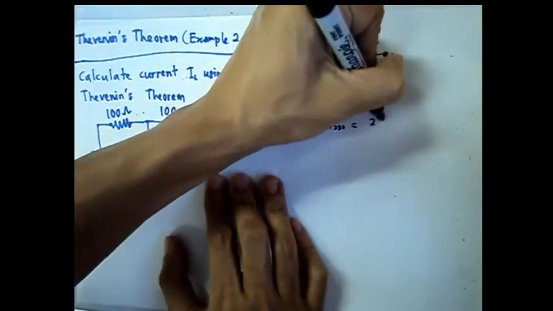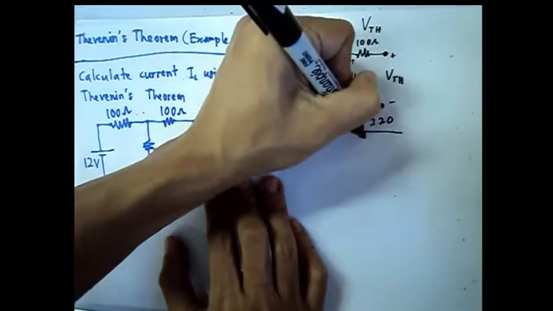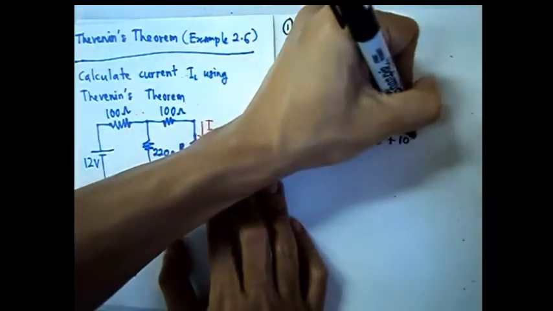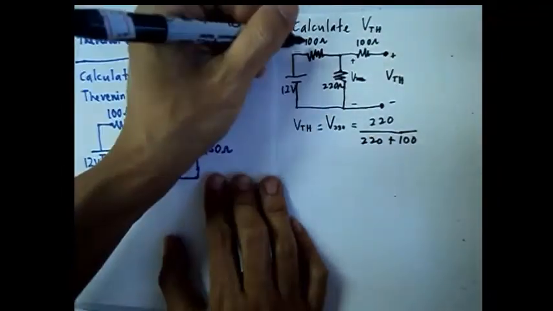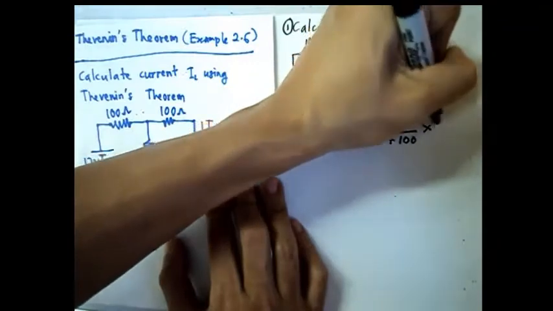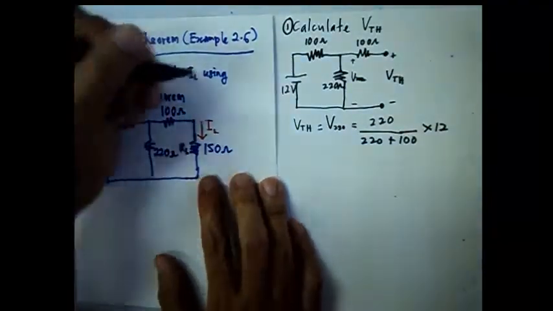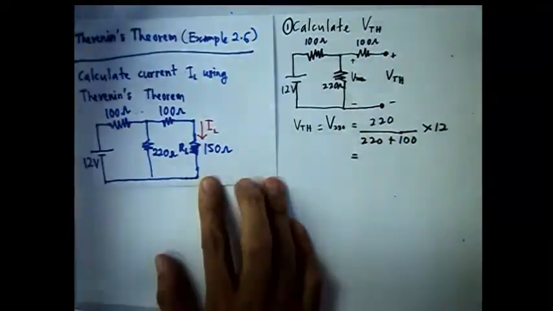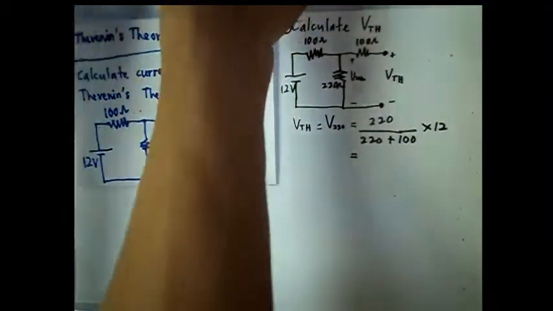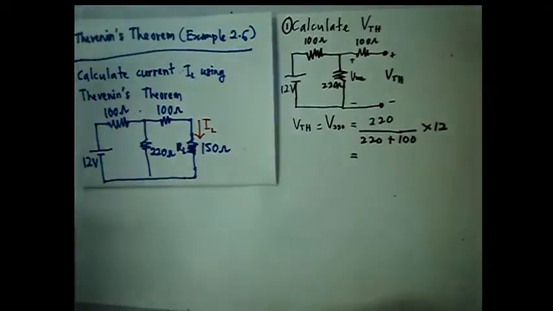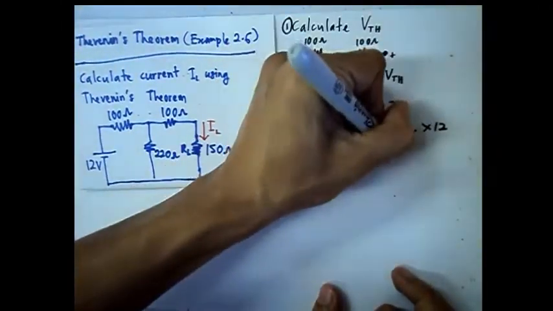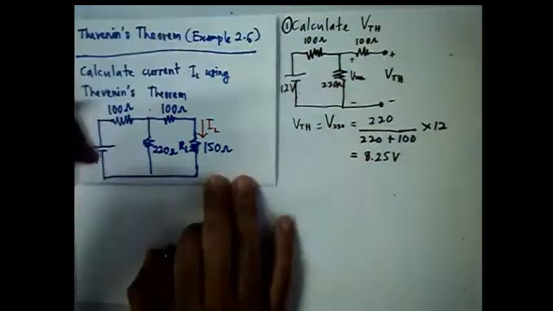So we have 220 divided by 220 plus 100, times the supply of 12 volt. From this equation, we get 8.25 volt as the VTH.